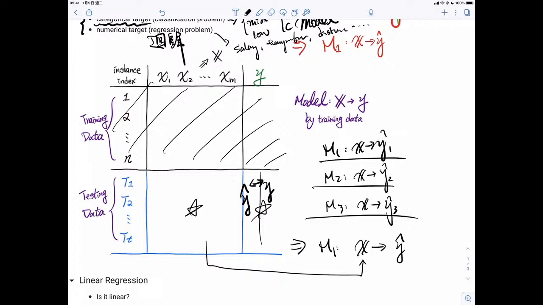There is an evaluation method to help us make sure which one, Y hat 1, Y hat 2, or Y hat 3, is much closer to the Y. The closest one wins, and we consider that model much better than the others. That's what we call testing data.